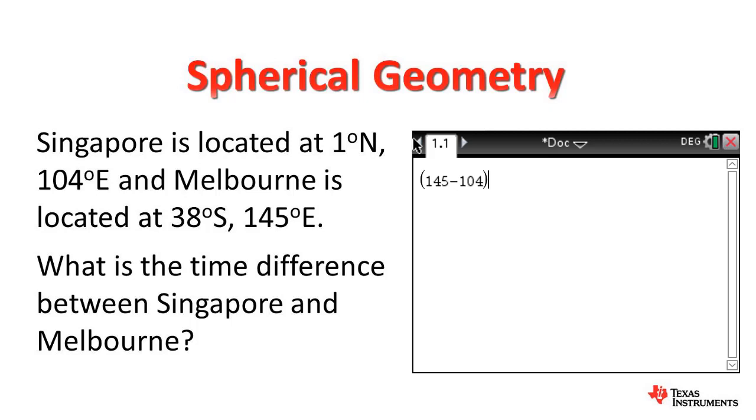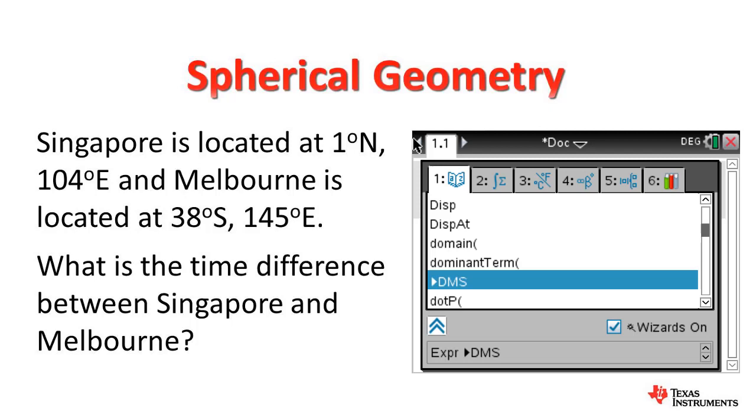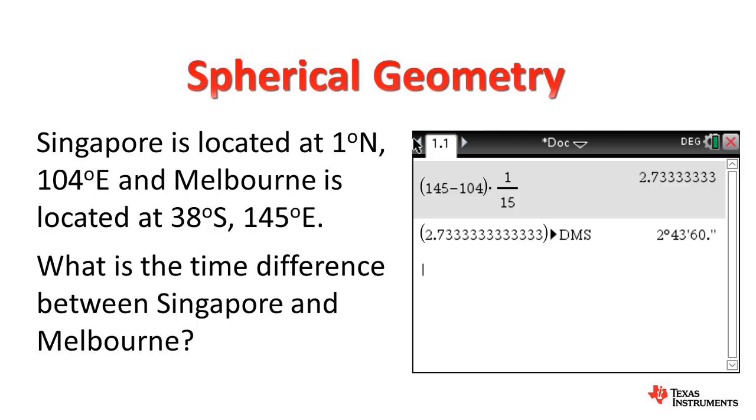And why 1/15? Because for every 1 hour the Earth rotates by 15 degrees. Now if I perform this calculation, I end up with a value of 2 hours 43 minutes. Now I could round this value down to 2 hours 30 minutes, or up to 3 hours. The agreed time difference between Singapore and Melbourne is 3 hours.